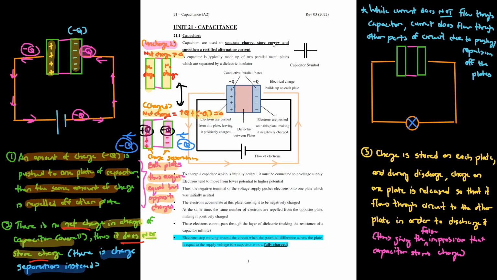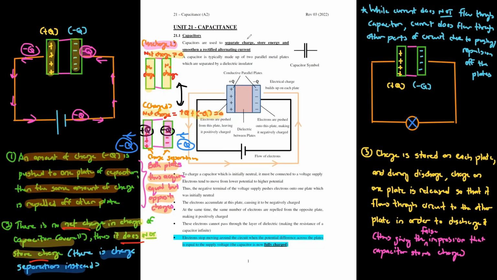Look at the diagram on the left, your capacitor is charged with a certain amount of charge. This one is positive, this one is negative. Earlier it was mentioned that this plate has a charge of negative Q, this plate has a charge of positive Q. Once you connect it to a lamp, your capacitor will now try to discharge.